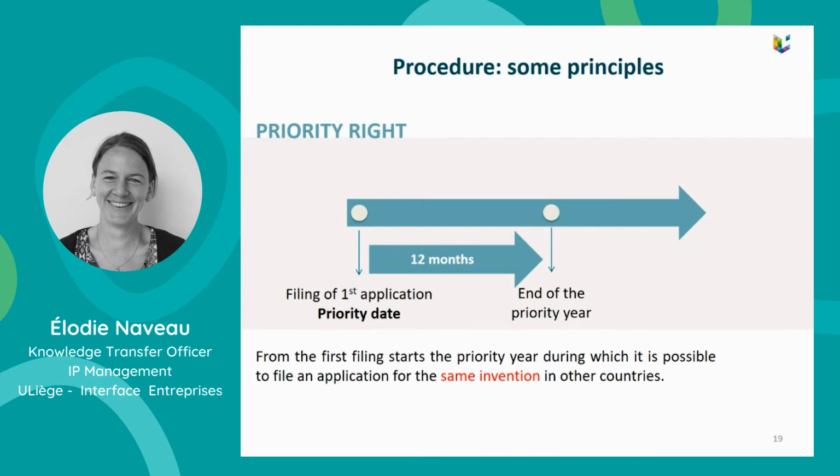So now, of course, it goes much faster because we just file online. But this 12-month period is important because during this period, we can add additional examples to the invention. It's especially useful in the university when the research is going on and there are new examples that we want to add. So this is what we call the priority year.